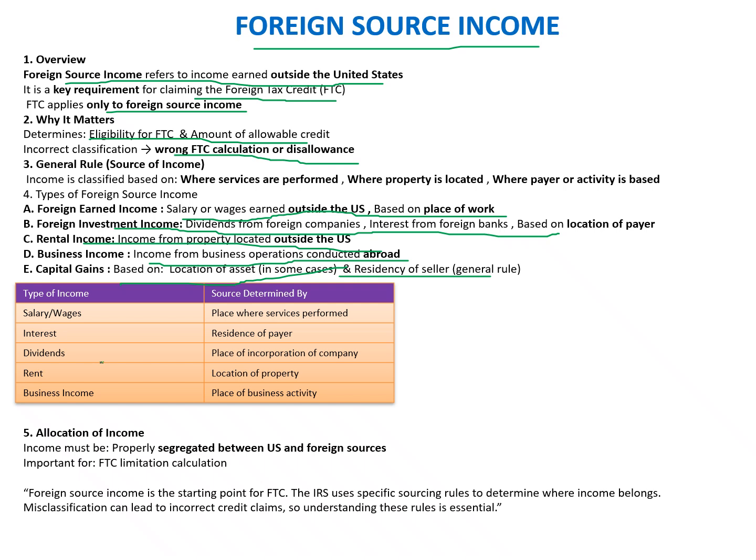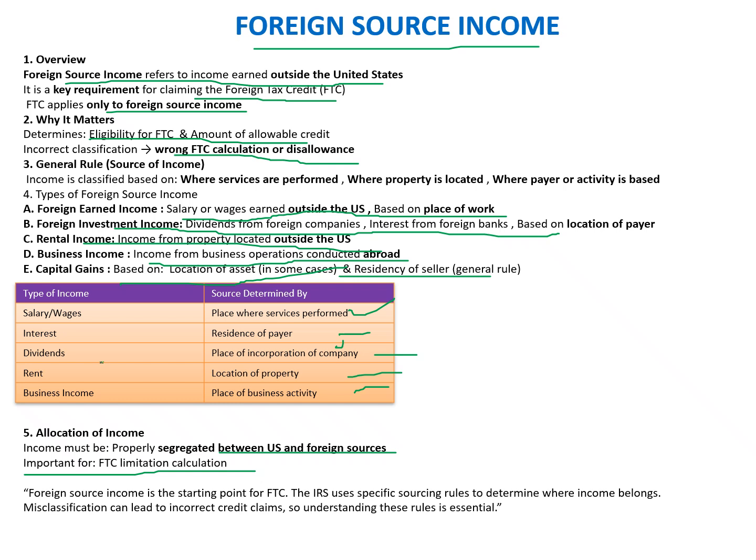So for salary and wages, the source is the place where the service is performed. Interest is the residence of the payer. Dividend is the place of incorporation of the company. Rent is the location of the property, and business income is the place of the business activity. Income must be properly segregated into US and foreign source, which is important for the FTC calculation, because if it is not properly allocated, it will lead to incorrect calculation of the FTC, which will later be disallowed.